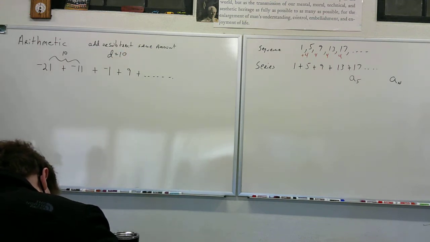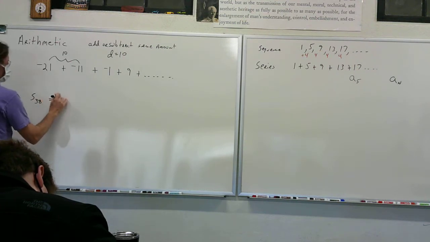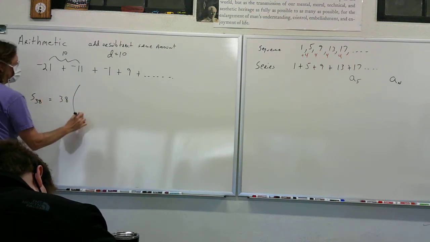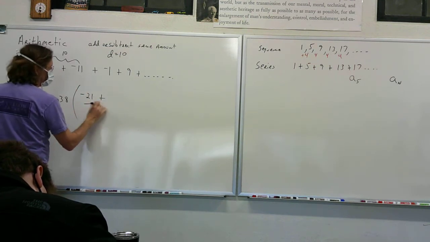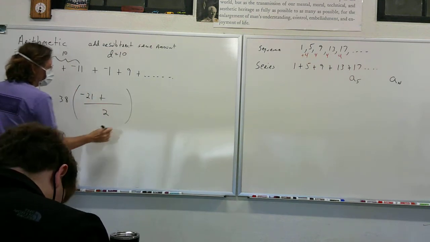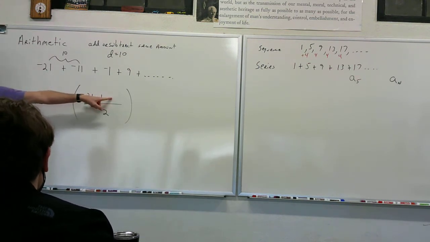Now, I just tell you right off that I want the sum of the first 38 terms. Well, 38. First term's negative 21 plus blank over 2. Do you understand that you're going to find the number that goes in that blank?